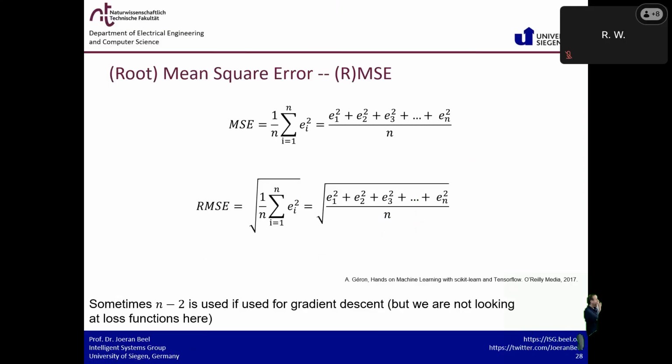Yeah, so you have to punish more. Right, so for high errors, you are punished stronger. If you are squaring each error, the impact of large errors, or the impact of errors lower than 1 would be stronger. Why would you want to do that? Do you want to do that?